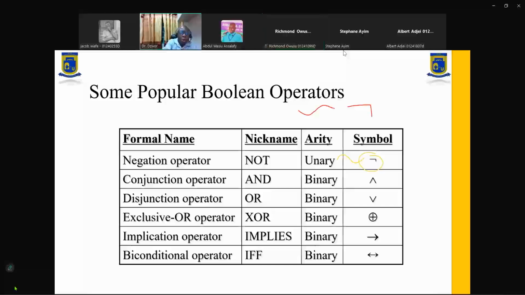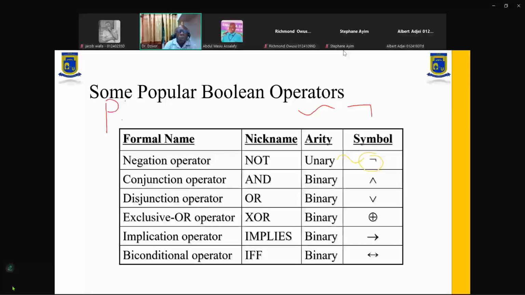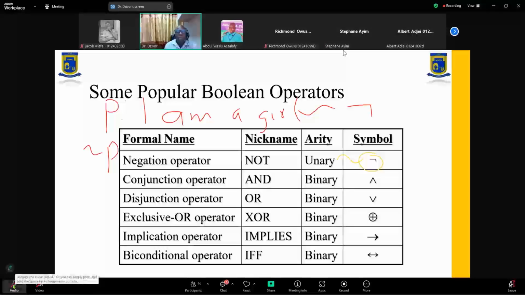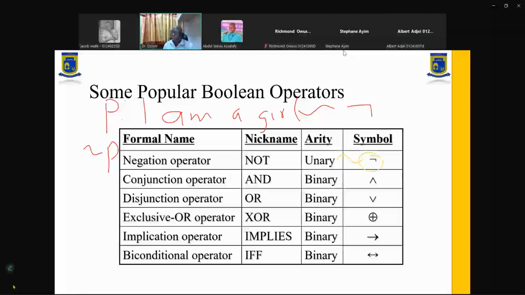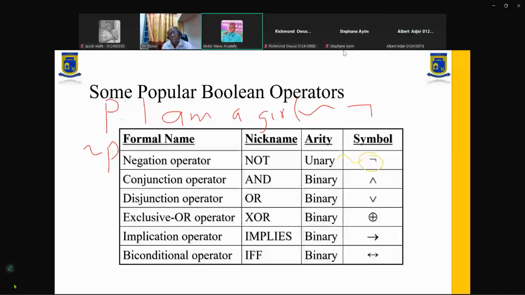So you realize that if we use the letter P, and P denotes "I am a girl," then if I negate P, it will be "I am not a girl." So that is the usefulness of negation. I hope that is clear.